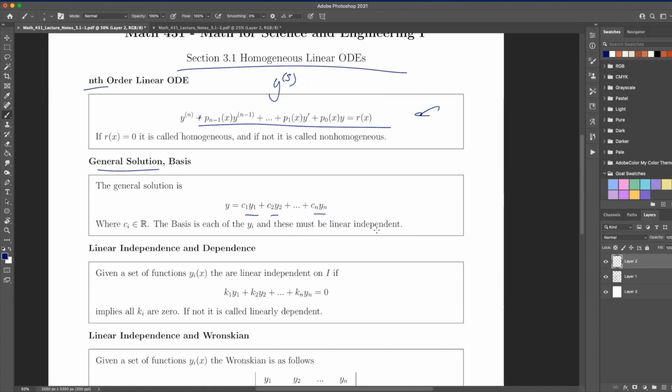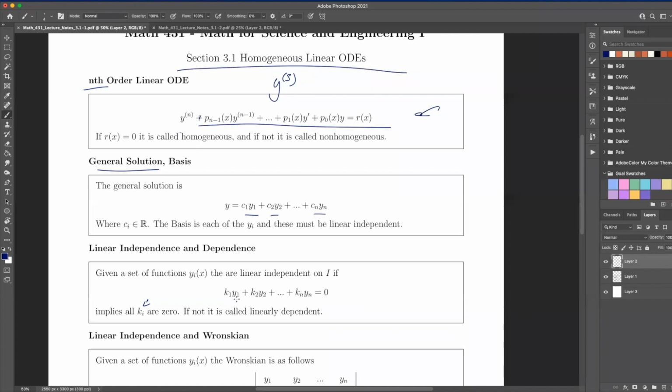And here I talk a little bit about what it means to be linearly independent. A set of functions are linearly independent on the interval I, right? If k1 y1 plus k2 y2 and so on is equal to 0, where these k's are constants, and that implies that all of them are 0, we call it linearly independent.